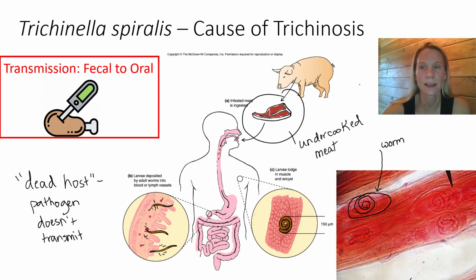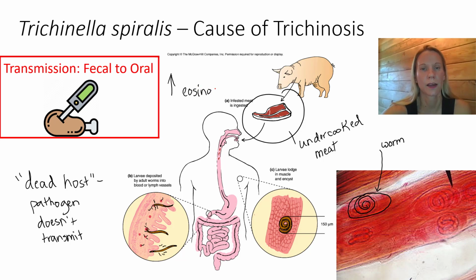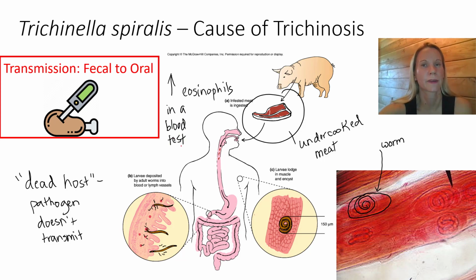That's right, it would be the eosinophils. So elevated eosinophils in a blood test would be a clue that we're dealing with a parasitic worm infection and not a viral or a bacterial infection. Good.